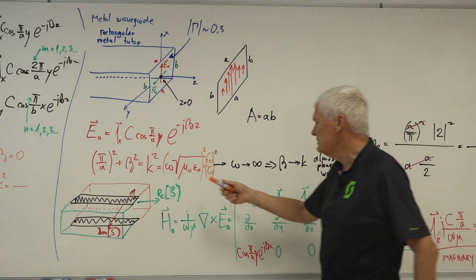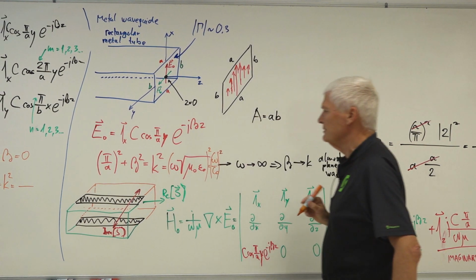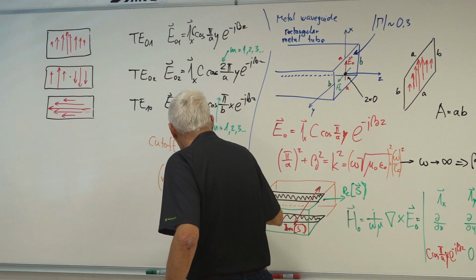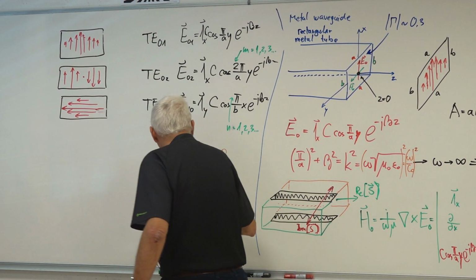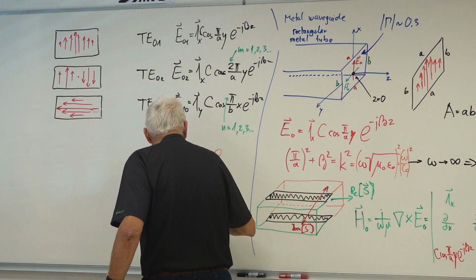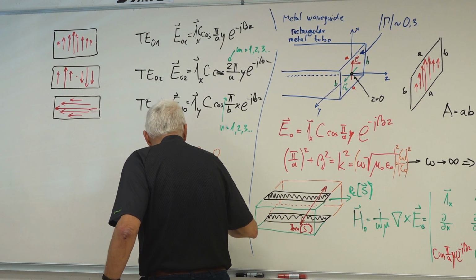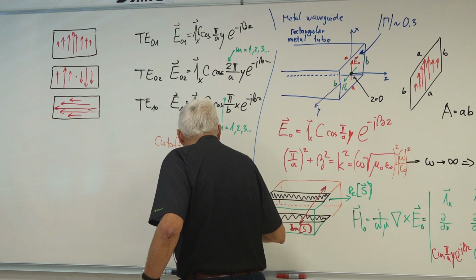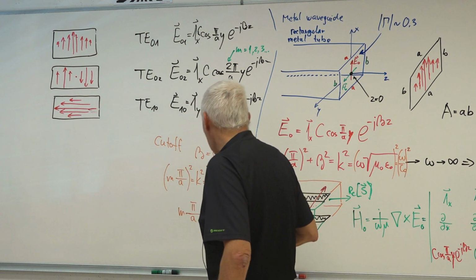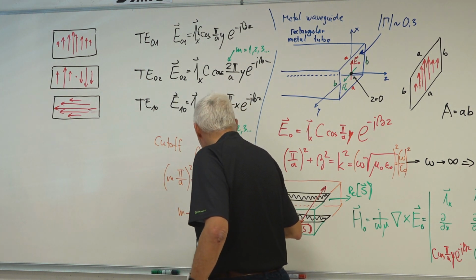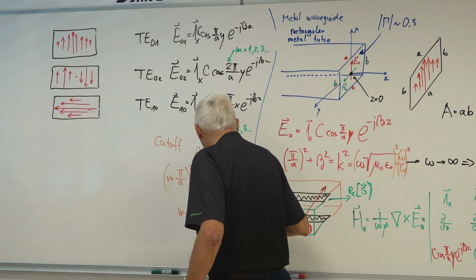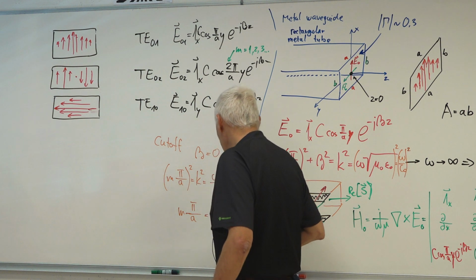I was thinking just k. I should square this thing here. So omega squared over C0 squared, or m times p over a is equal to omega over C0. Or, written with the frequency, this is 2p f divided by C0, okay?